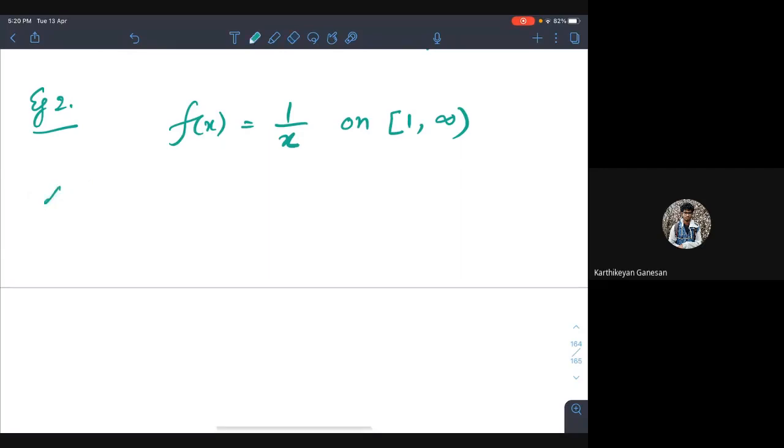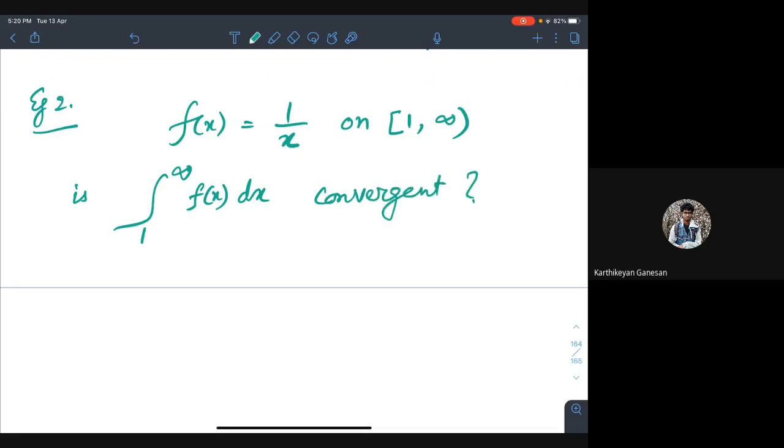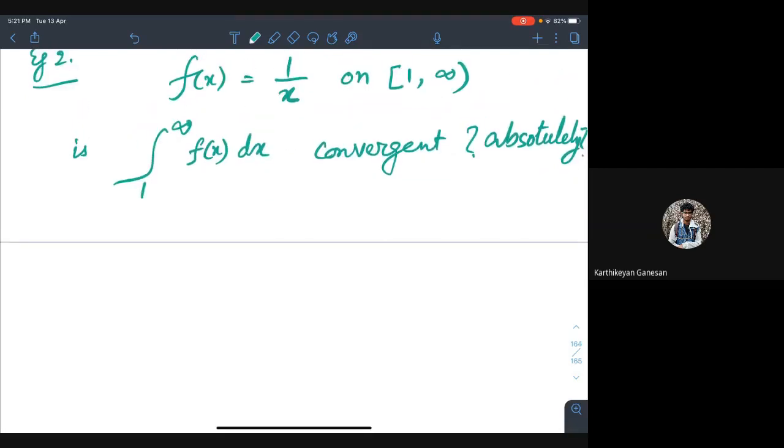Does integration 1 to infinity f(x) dx converge? What about absolute convergence? Okay.